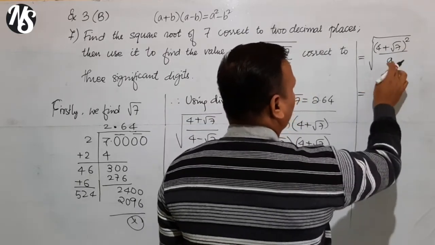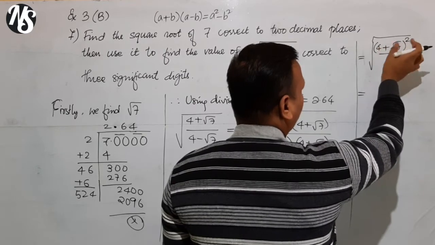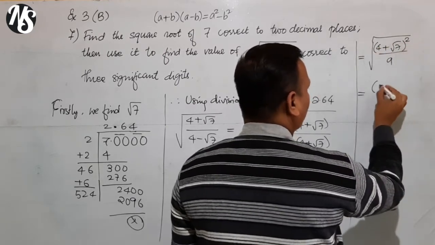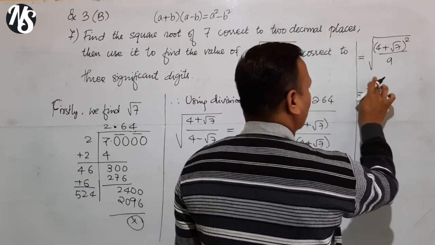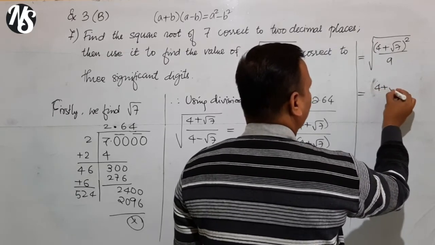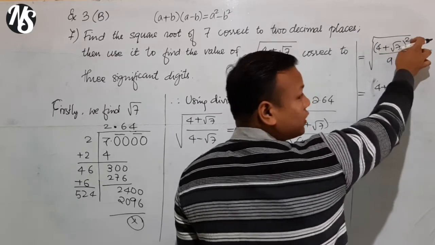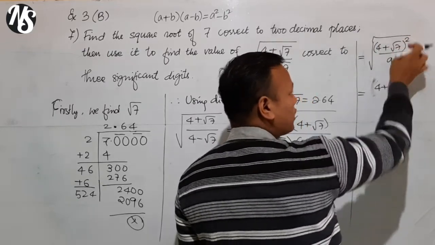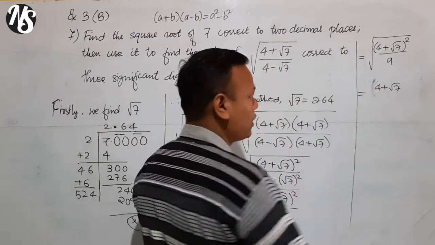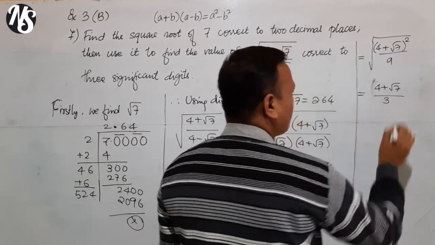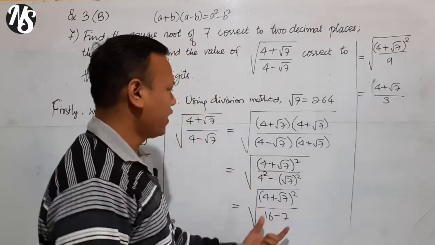Now the square root of this quantity becomes just 4 + √7, because the square root and the square get cancelled. You get only this quantity divided by, in the denominator, the square root of 9, which becomes 3. Okay, so this is my simplified version.